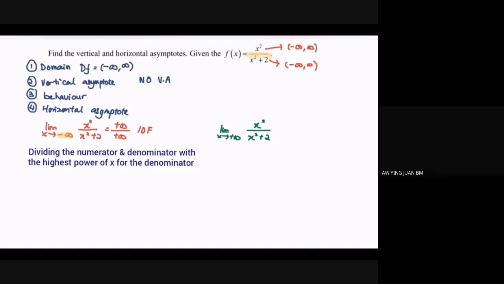Repeat, divide the numerator and the denominator by the highest power of x in the denominator. So in this case, the denominator is x squared plus 2, and the highest power will be x squared. So limit when x approaching negative infinity, factor out the x squared over x squared, and we can simplify the situation.